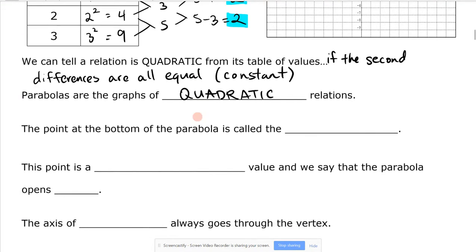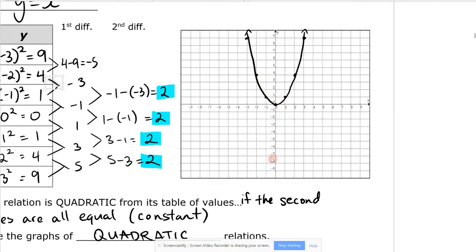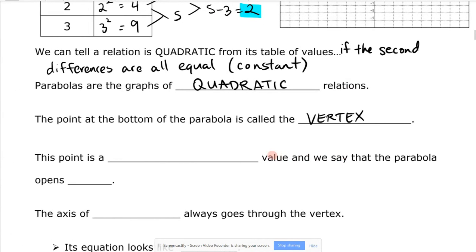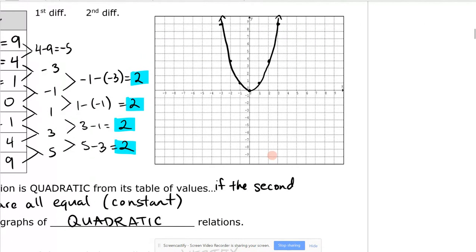The point at the bottom of the parabola, if you look at the parabola, there's a point here where the graph changes direction. That point down at the bottom, we call that the vertex. Different parabolas will be different, but this one, if you look at it, goes from left to right, down, down, down until it reaches the vertex.